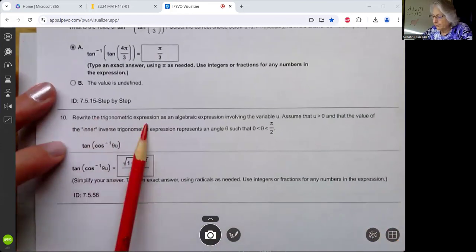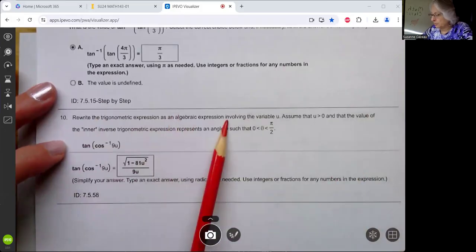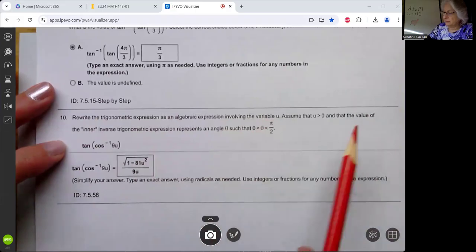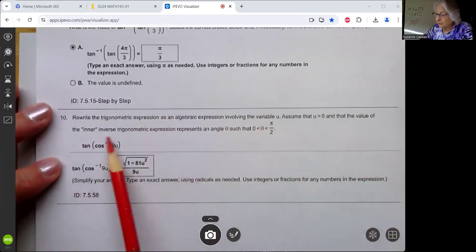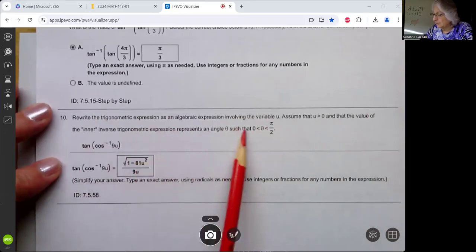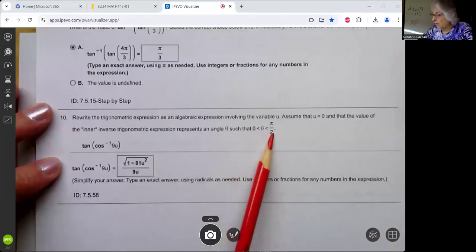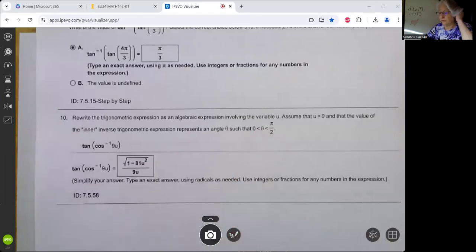We're going to rewrite the trig expression as an algebraic expression involving the variable u. Assume that u is positive and the value of the inner inverse trig function represents an angle such that theta is between 0 and pi over 2.